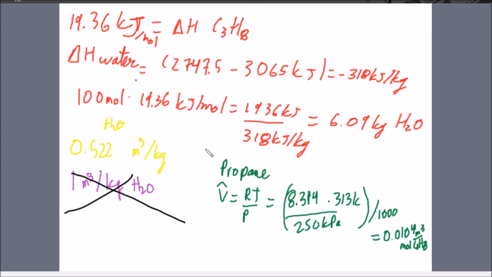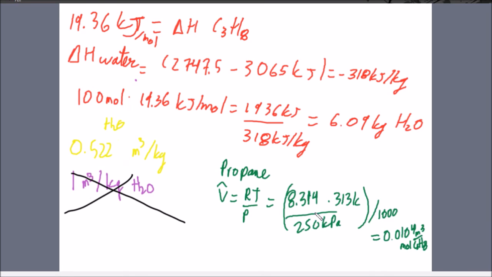Now, for the propane, we want to find that volumetric amount as well on a molar basis. So we just use our good old ideal gas law, and say V is equal to RT over P, where T is in Kelvin.